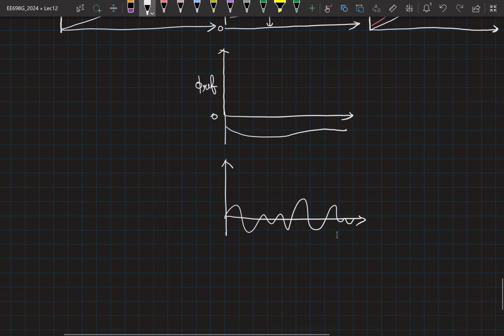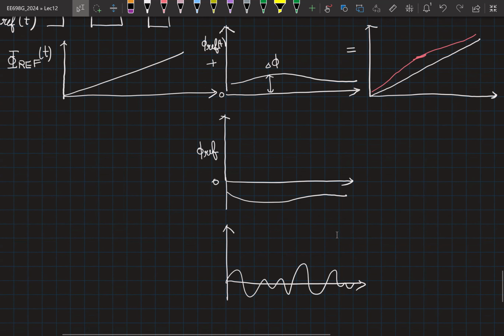You will have advance. So you have a small variation in your phi ref. How are the edges shifted? I just plotted one so that you are familiar. So now you should be in a position where, when you see a small signal phase, you can imagine how the voltage domain waveform is changing corresponding to that. Thank you.